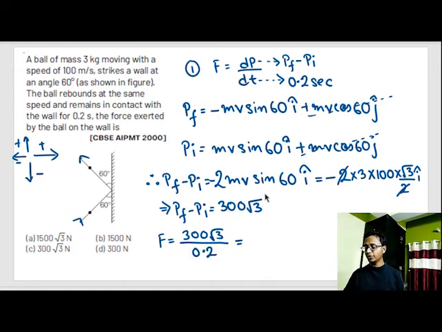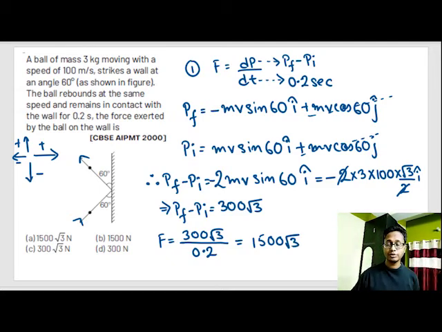If we simplify this, our answer comes out to be 1500 root 3. I expect you all to perform this calculation by yourself. Denominator into 10, numerator into 10, 2 and 300 get cancelled by 150. 150 into 10 is 1500 and root 3 remains as it is. So our correct option is option A.